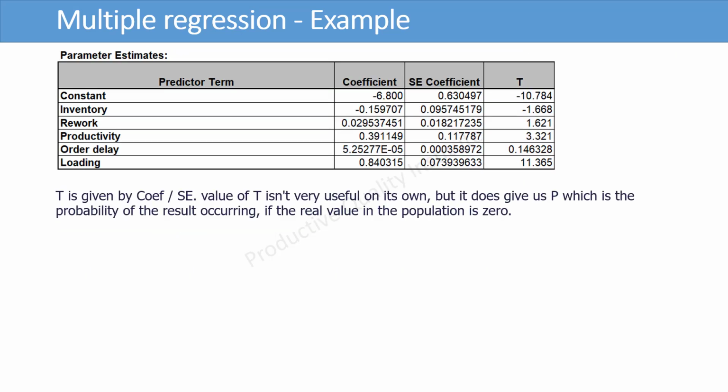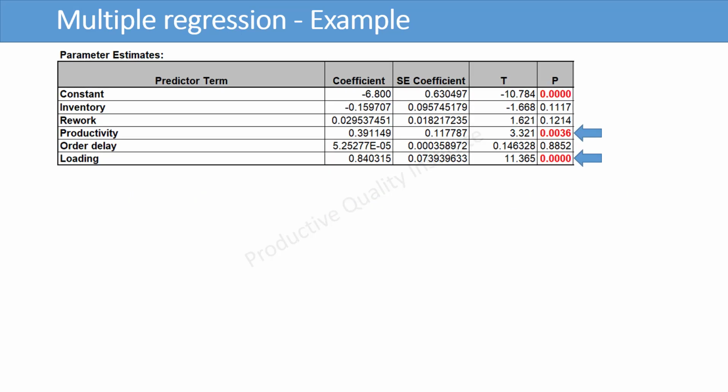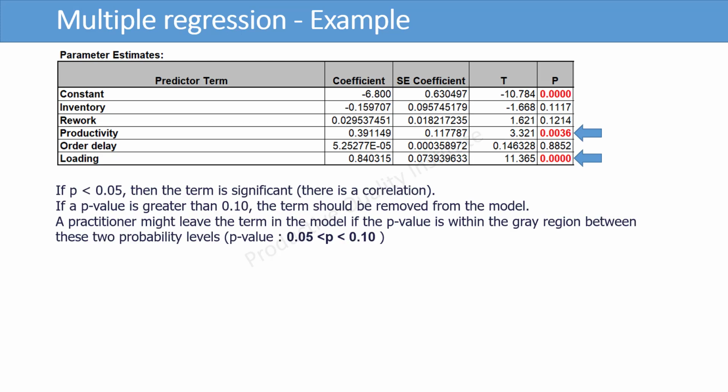T is given by coefficient over standard error. The value of T isn't very useful on its own, but it does give us P, which is the probability of the result occurring if the real value in the population is 0. If P is less than 0.05, then the term is significant, there is a correlation.